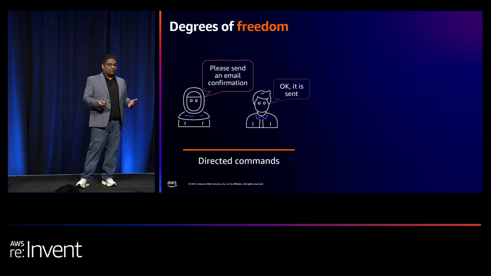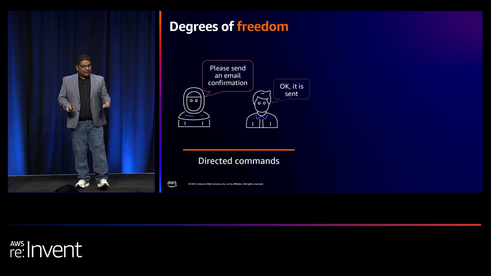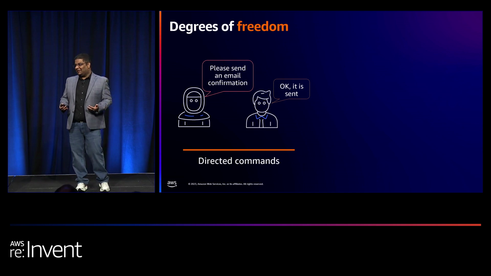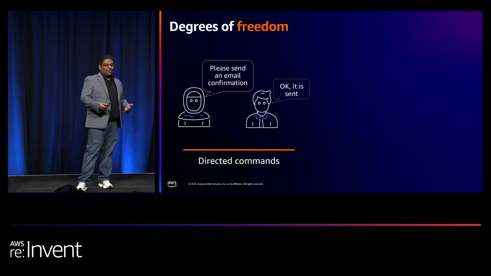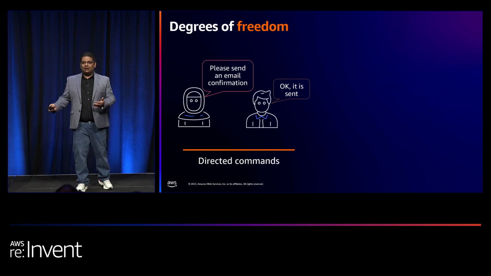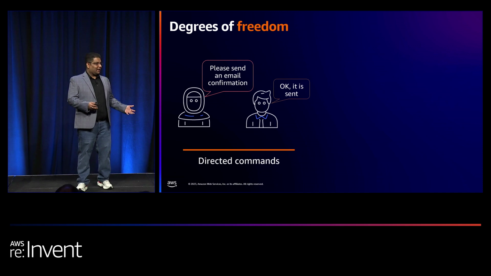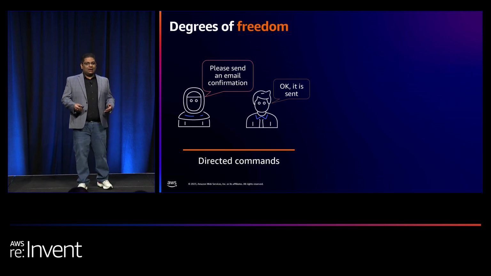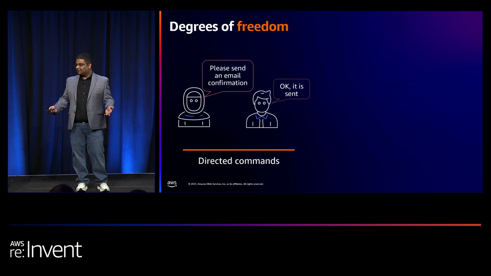So your degrees of freedom are lower. And then they are actually directed commands. For example, if you say, please send an email confirmation, now the caller has to wait until the email confirmation is sent, and then it will move forward. So once the email confirmation is sent, you get an acknowledgement or a response back, and then the next step will be done. So these are all directed commands, but then you lose some degrees of freedom.